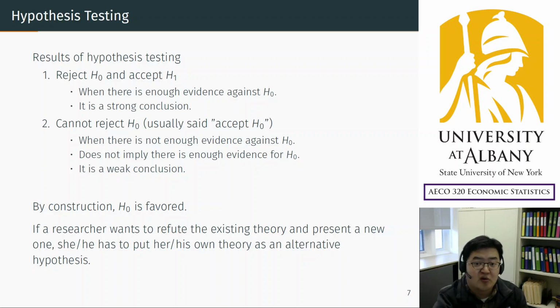Still, if your argument wins, then your conclusion is pretty strong. Your argument is quite strongly consistent with the data. A researcher usually wants to refute the existing theory and present a new theory, which is my argument. And then, of course, you have to put your argument in the handicapped hypothesis position, to make your conclusion strong.